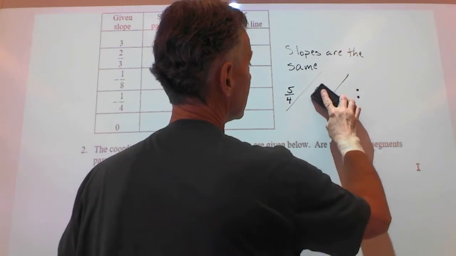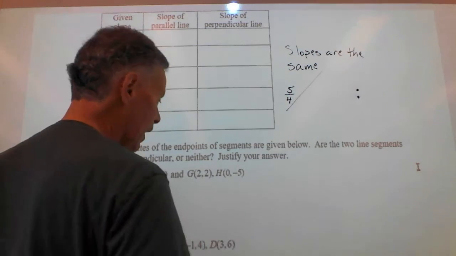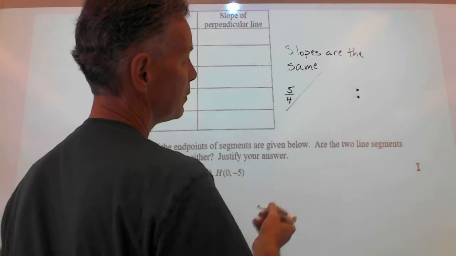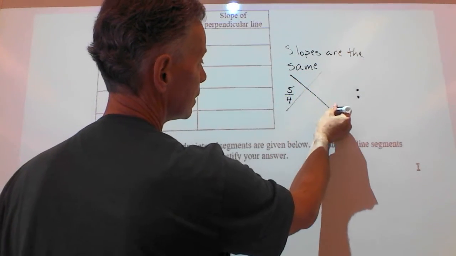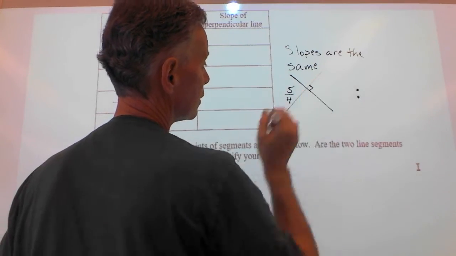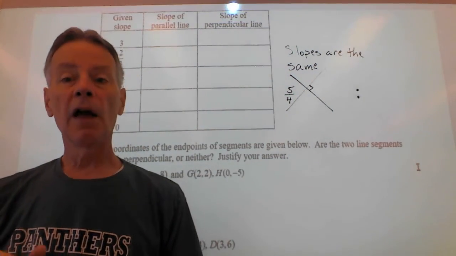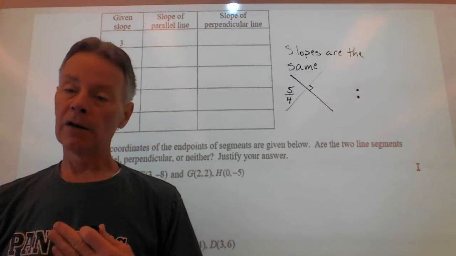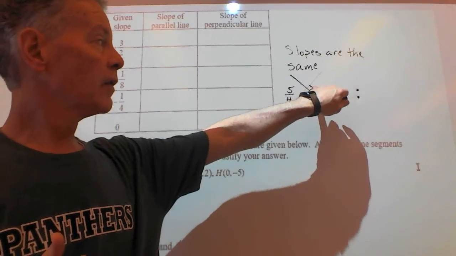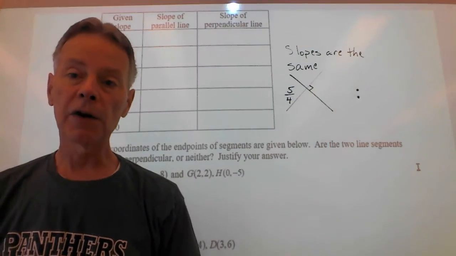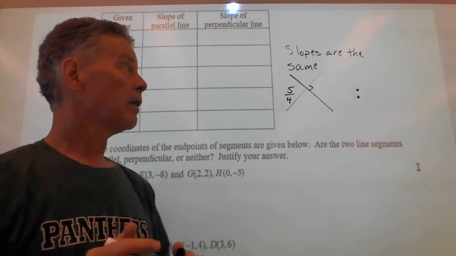Now, if we have two lines that rather than being parallel are perpendicular, in other words, they cross, and importantly, they cross at an angle of 90 degrees. That's perpendicular.